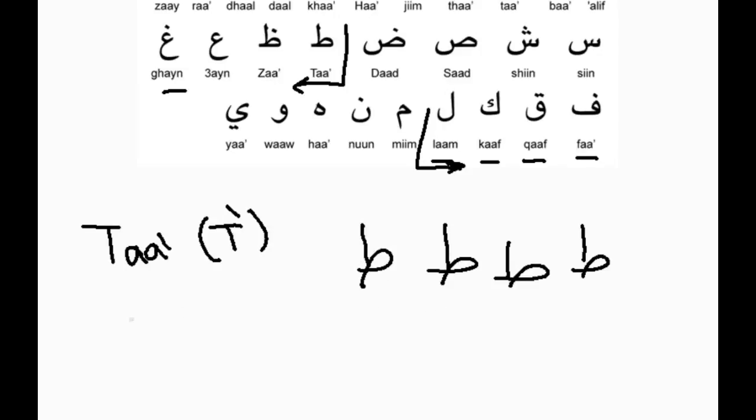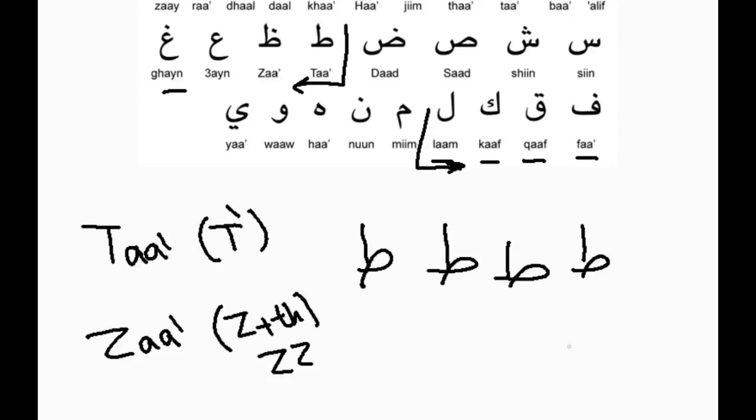Dha is also similar to Z plus tha, but with the whole width of the tongue. It is written as a loop, a straight line, and a dot, and that will be dha.